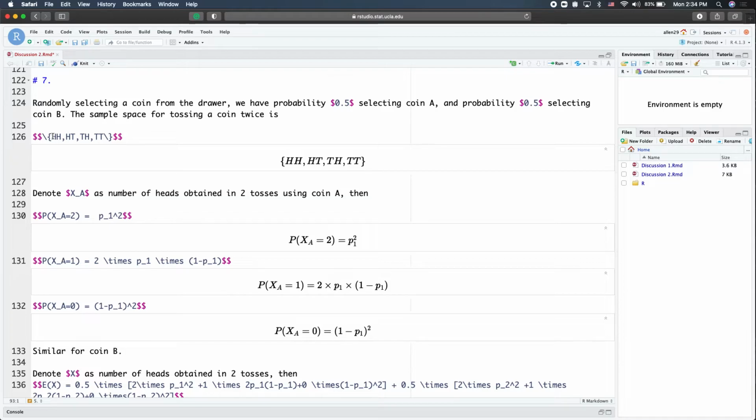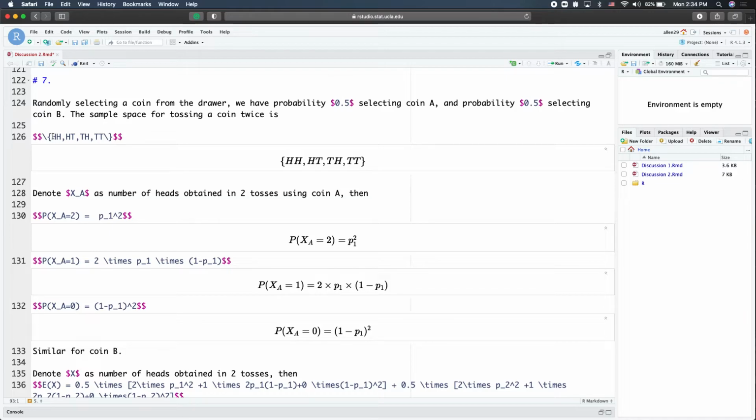For X subscript A equal to 1, that means we have 1 head, which is the middle 2 cases, so P1 multiplied by 1 minus P1, and we have 2 occurrences, so we multiply by 2. And the last one, when XA equal to 0, means 2 tails, so 1 minus P1 squared. Similar for coin B.